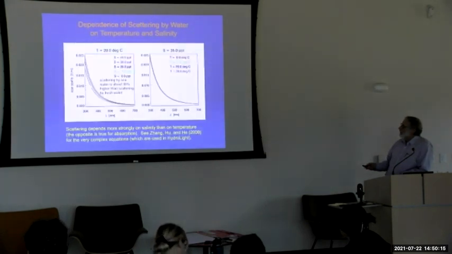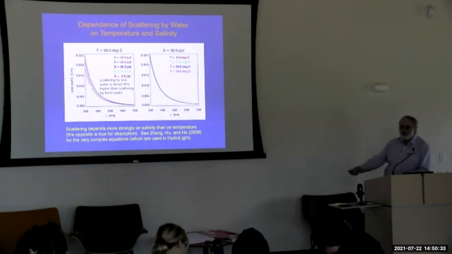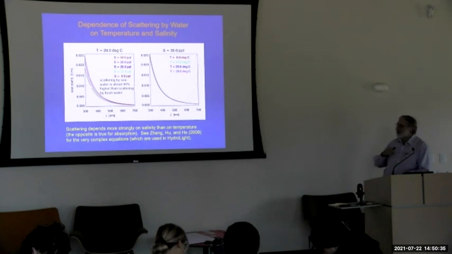And then if we look at temperature dependence, you guys have already looked at that. So here's salinity. If we hold the temperature constant and vary the salinity, you can get about a 30% difference in the scattering coefficient going from fresh water to very saline water at a given temperature.